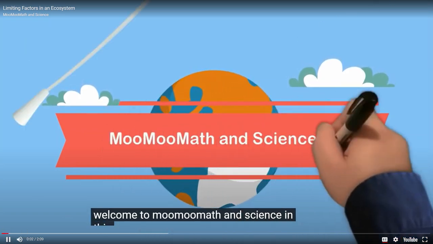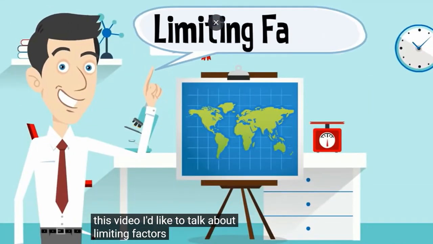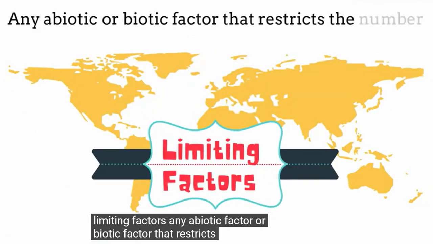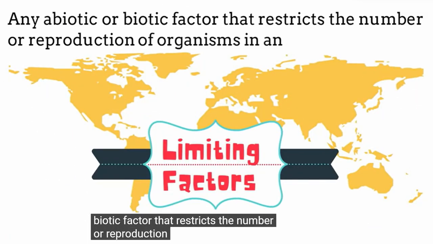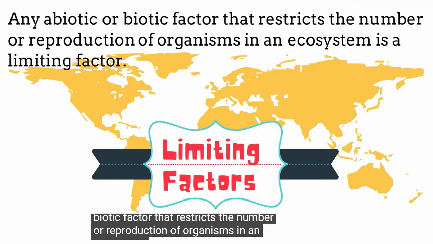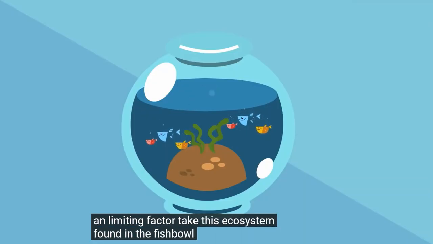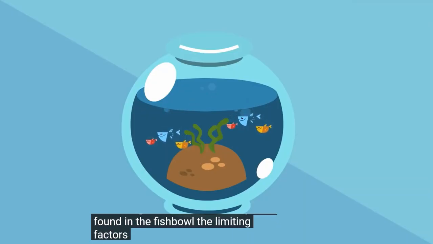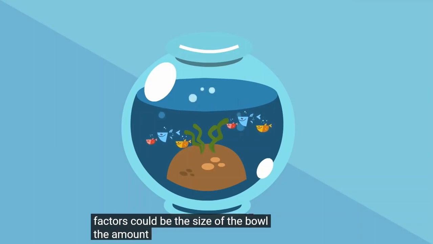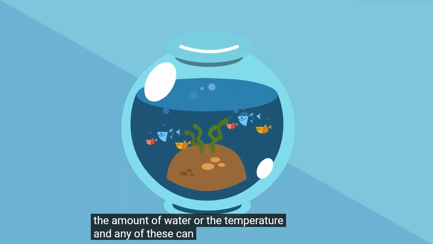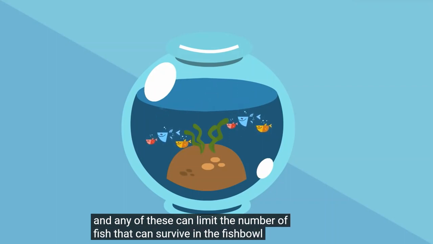Math and Science. In this video, I'd like to talk about limiting factors. Any abiotic factor or biotic factor that restricts the number or reproduction of organisms in an ecosystem is called a limiting factor. Take this ecosystem found in the fishbowl. The limiting factors could be the size of the bowl, the amount of water, or the temperature, and any of these can limit the number of fish that can survive in the fishbowl.